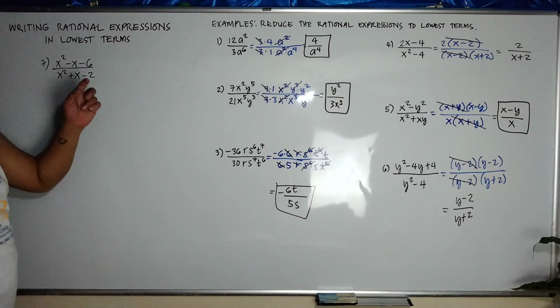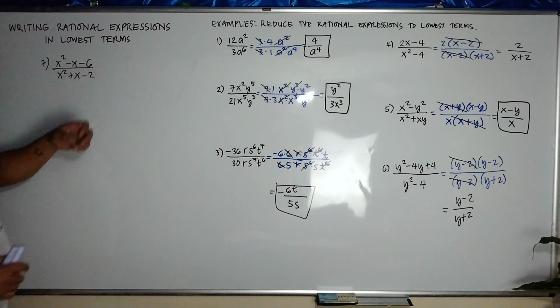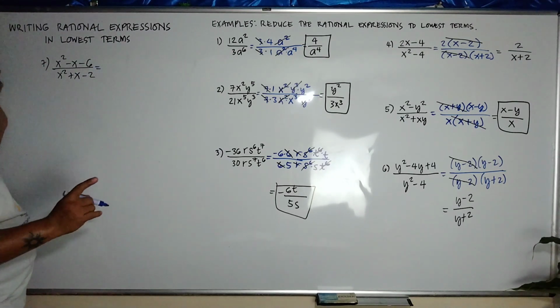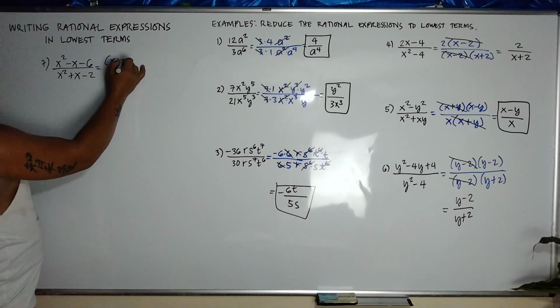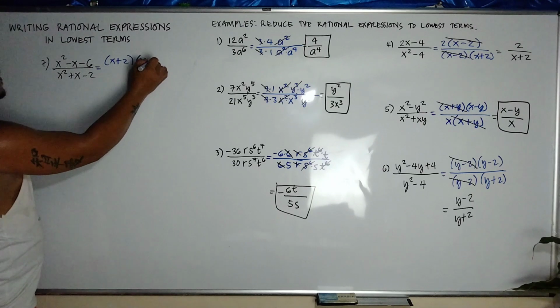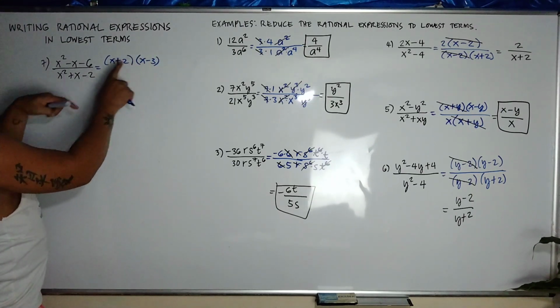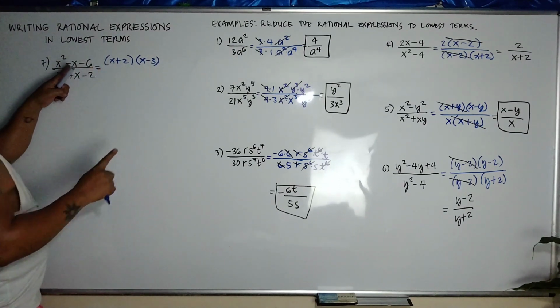What are the possible factors of the numerator? By trial and error, you have x plus 2 times x minus 3, correct? Because 2 times negative 3 is negative 6, and negative 3 plus 2 is negative 1.